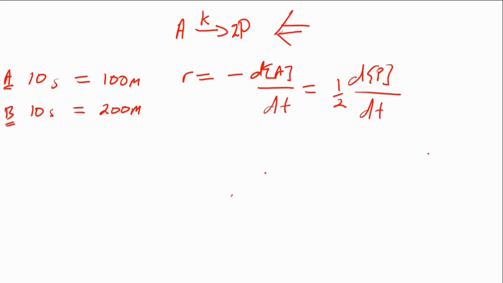In a given time, one molecule of A is consumed, and in that same time, two molecules of P are produced.